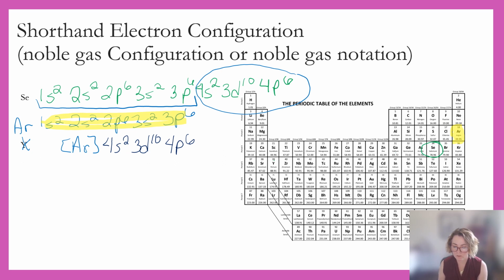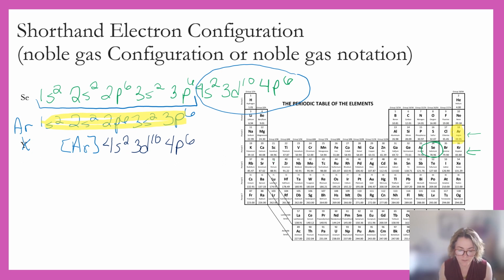So selenium is located in period 4. So I'm going to look to the previous period and see what noble gas completes that period. In this case, it's argon. So I would write that noble gas in brackets, and that represents the configuration up to that point. And then I would finish the configuration by focusing on the period that that element sits in.